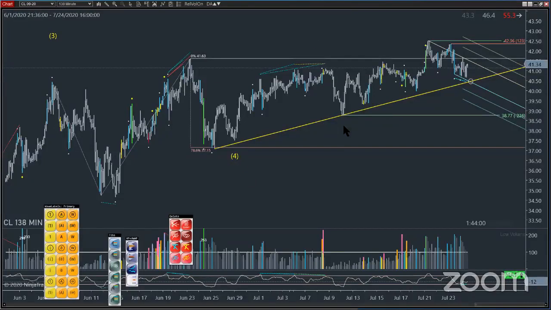A, B, 1, 2, 3, 4, 5, C. So if it is doing an ending diagonal, then we've got at least one more ABC up. Let me just reconsider this.